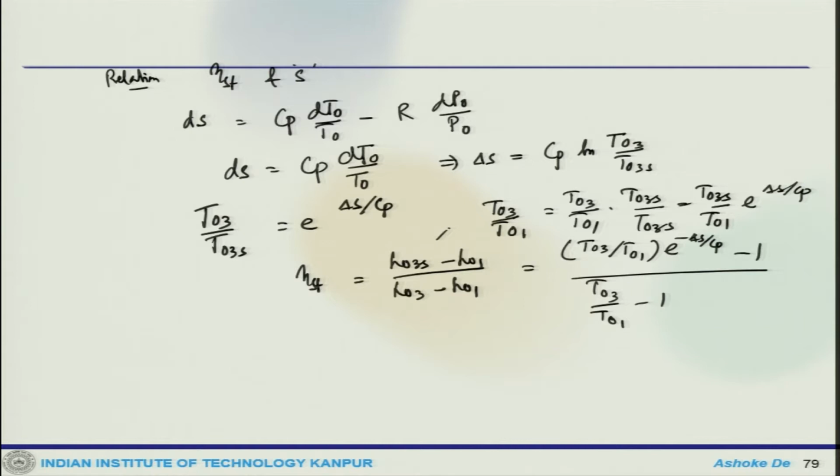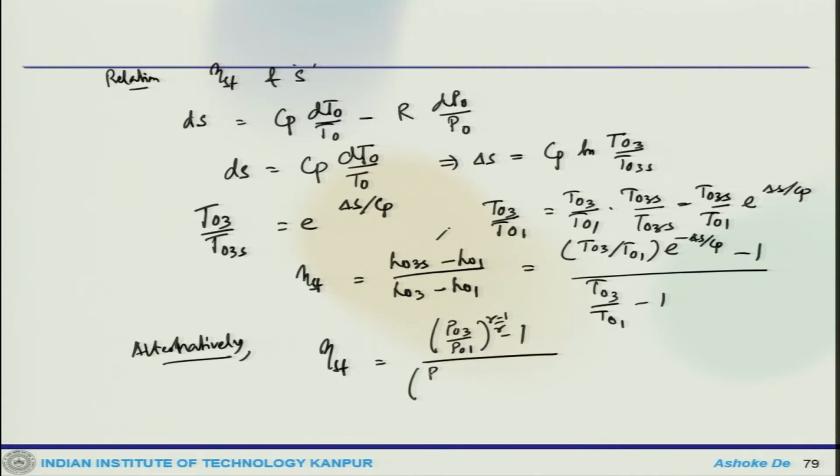Further simplification, or rather alternatively, one can write the stage efficiency in terms of P naught 3 divided by P naught 1 to the power (gamma minus 1) by gamma, with e to the power of the entropy term, minus 1.